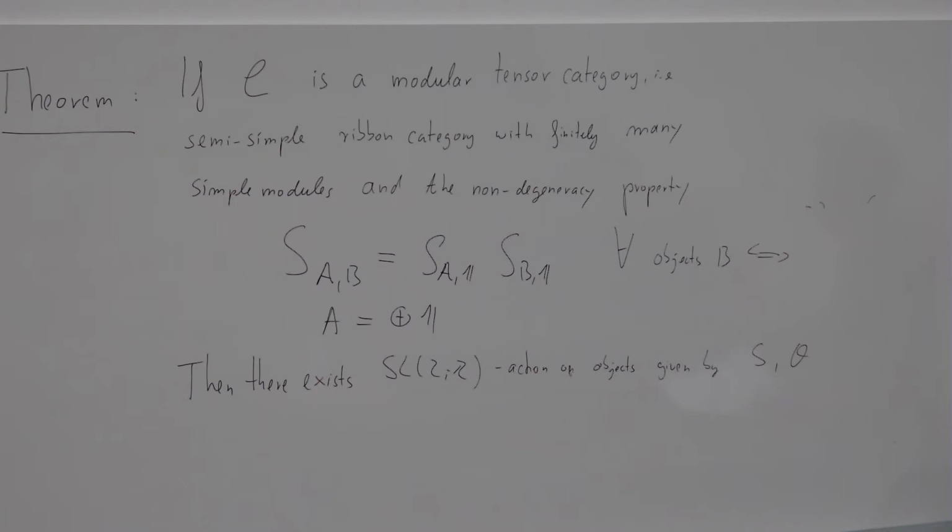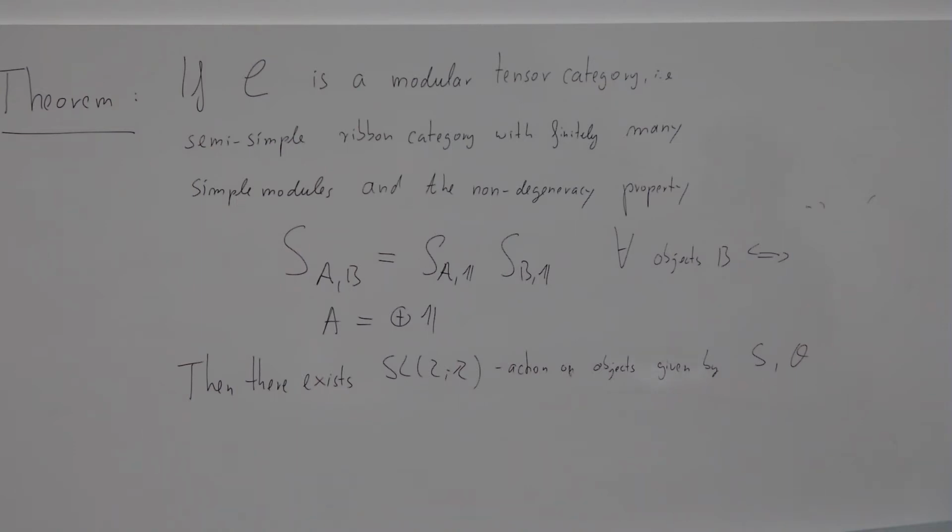Now, what I want to present is how you use the graphical calculus to get Verlinde's formula, this formula for multiplicities of tensor products, more or less for free. Let me make a comment. This notion of modular tensor category is a little bit weaker than what's usually called modular tensor category by some of the ultimate authorities on this.